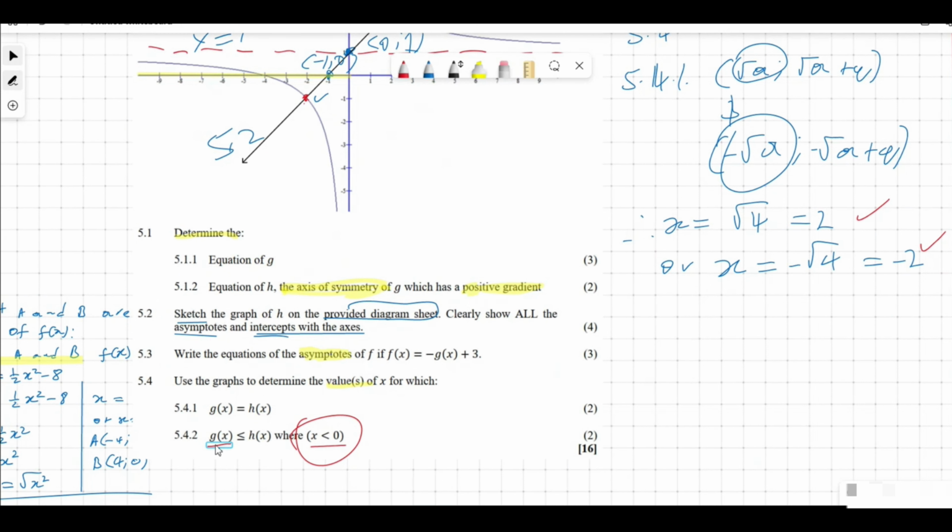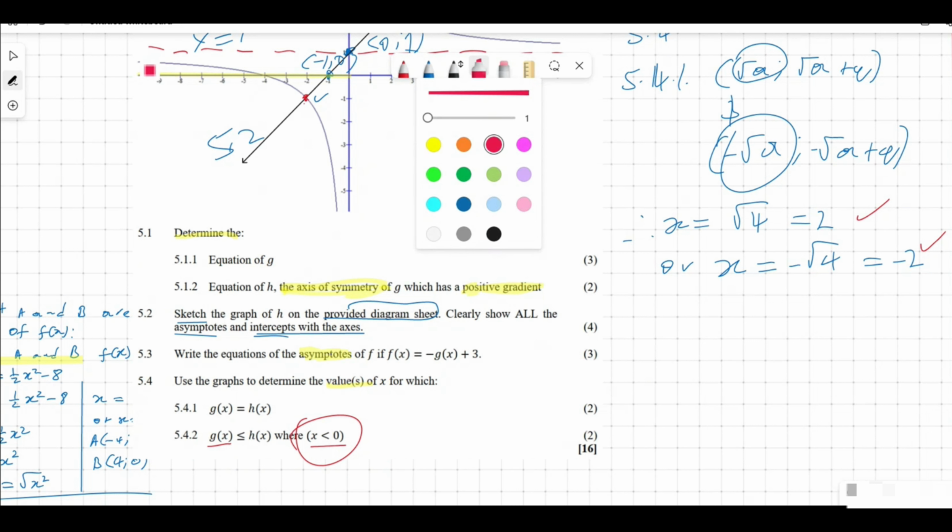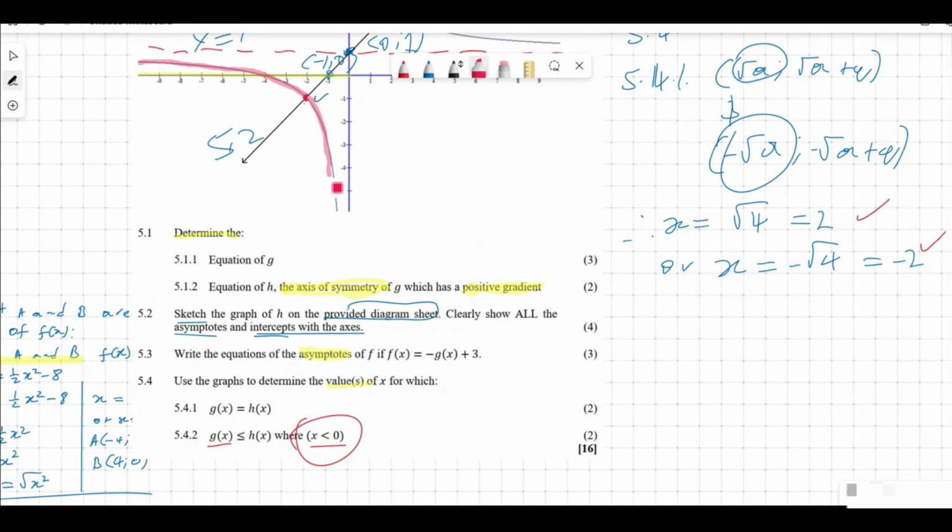So when we read this statement, we are saying, where will g be below h of x? We're going to look at g in red. Here it's g on this side, the one that we are talking about. This is g. You see that? Yes. Then let's look at h with pink.